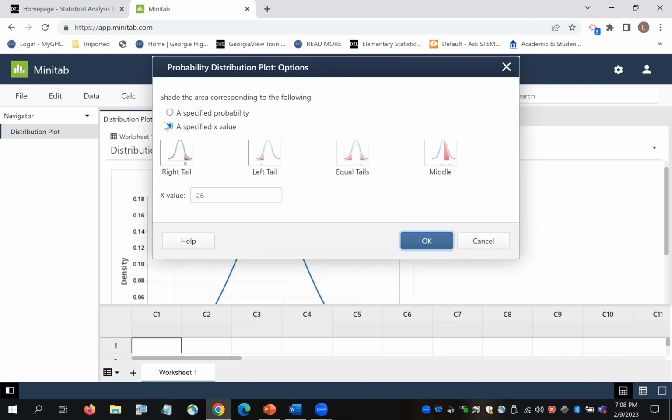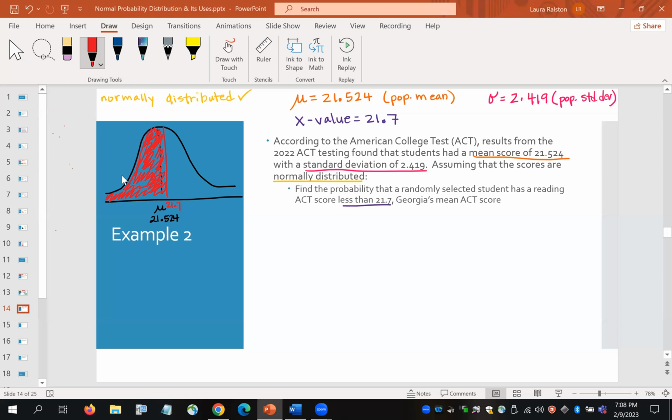Options. Again, we have a specified X value, but this time it is less than, and I did fail to point that out. Notice that less than, the area is to the left and it runs out to the end of the curve. So this is called a left tail.